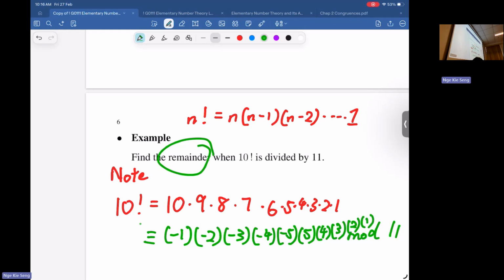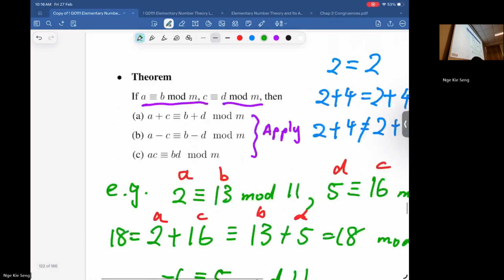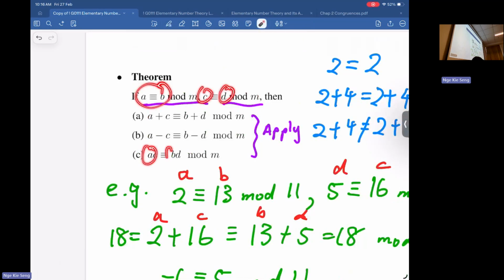So why does this congruence work? This is exactly by the previous theorem. If we know each term is congruent, then the new product is congruent to the old product.